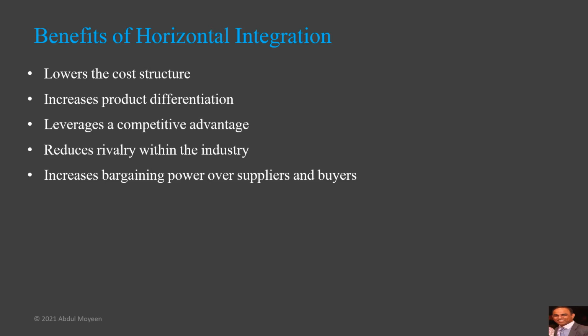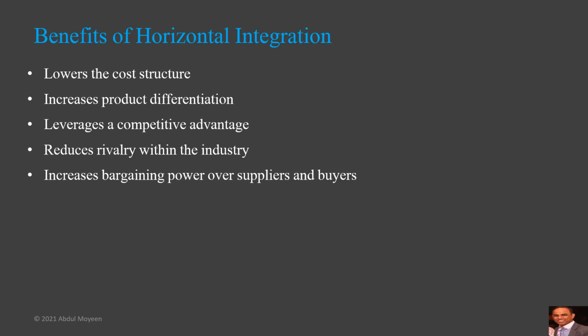Secondly, horizontal integration may increase profitability when it increases product differentiation. For example, by increasing the flow of innovative new products that a company's sales force can sell to customers at a premium price.